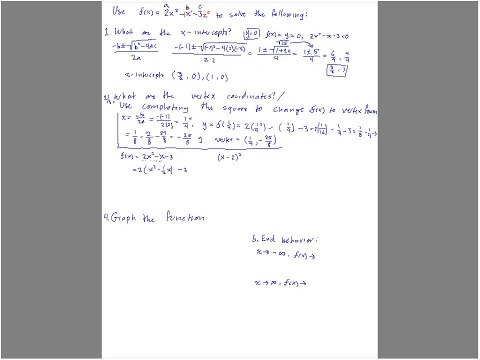When you FOIL it out, if we have x minus 2 times x minus 2, you multiply the x's together first, you get x squared, and then x times negative 2 is negative 2x, and then negative 2 times x is also minus 2x, and then negative 2 times negative 2 is plus 4. And so what ends up happening is you get x squared minus 4x plus 4.